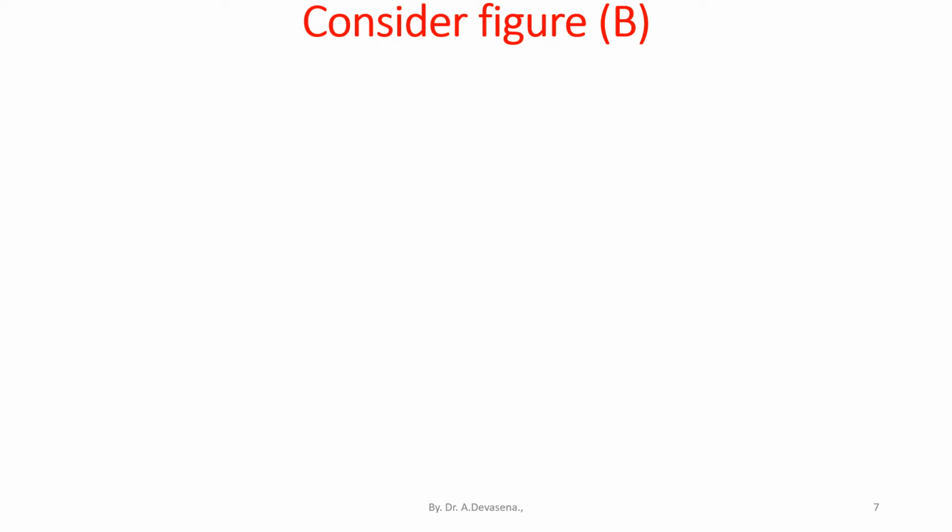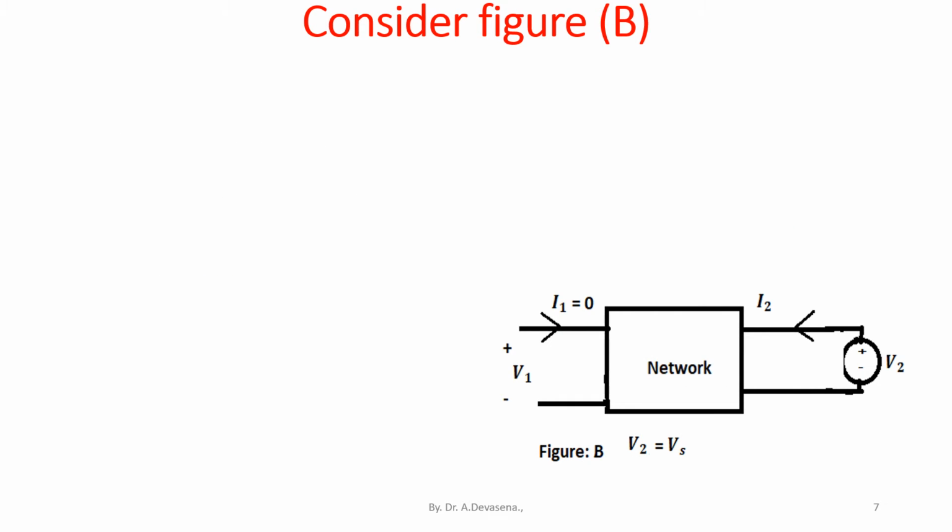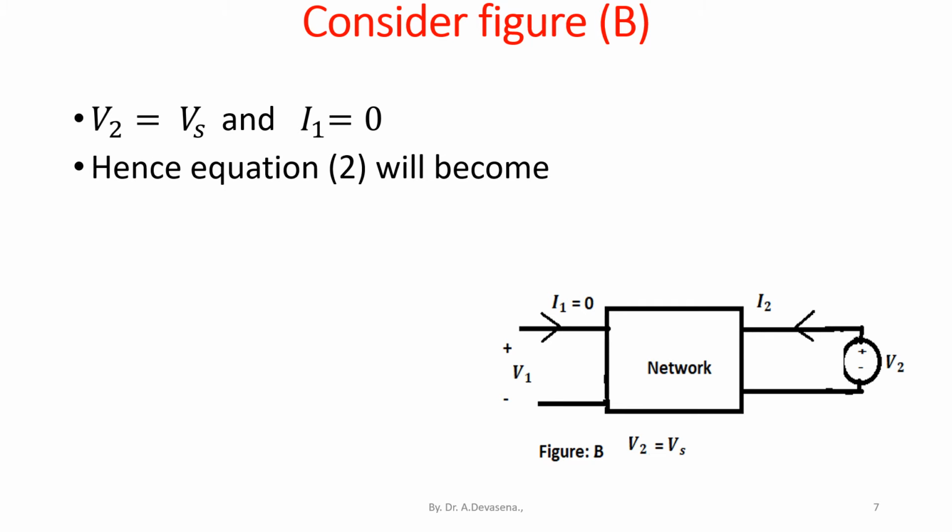Now consider figure B. Here, output voltage V2 is equal to Vs and we have considered input current I1 is equal to 0, that is, the input is open circuited. So we have V2 is equal to Vs and I1 is equal to 0.